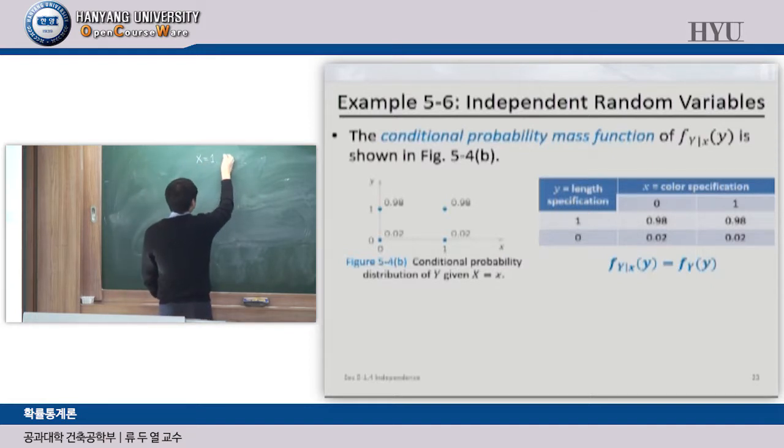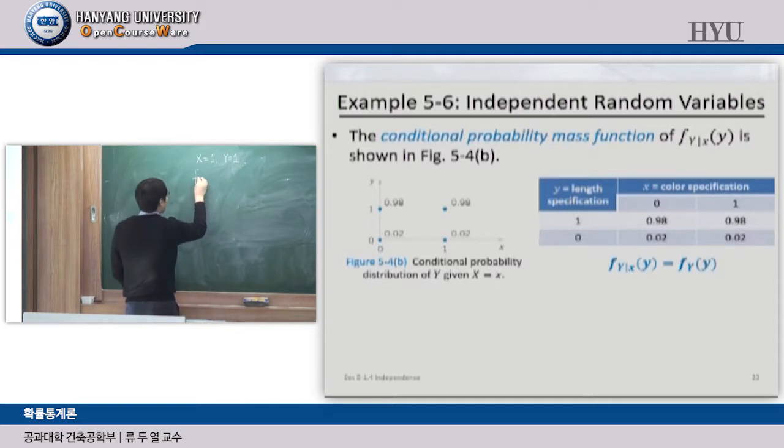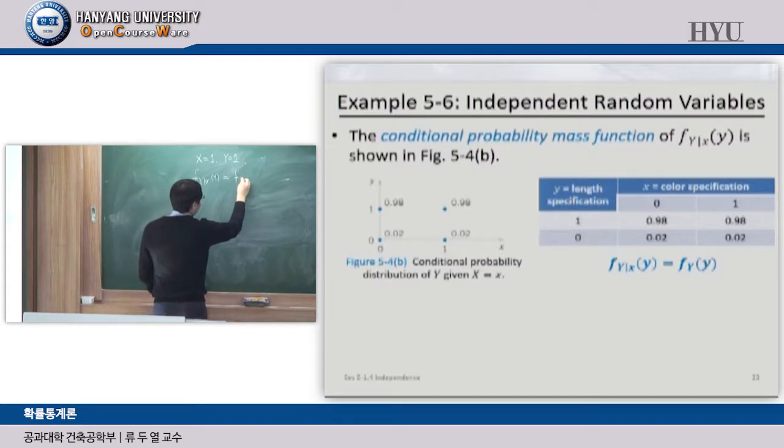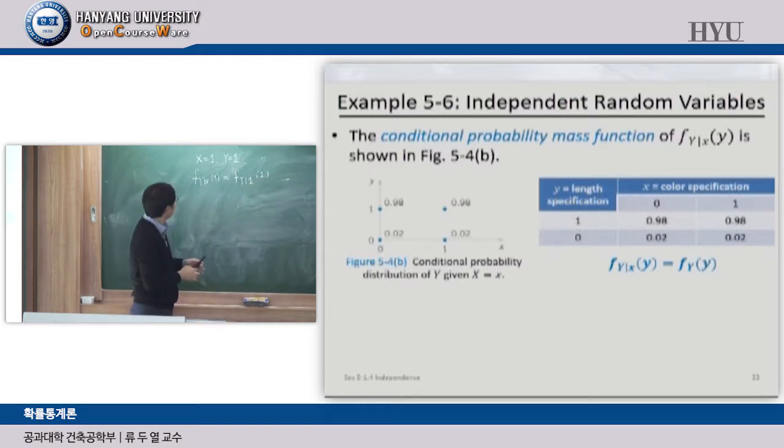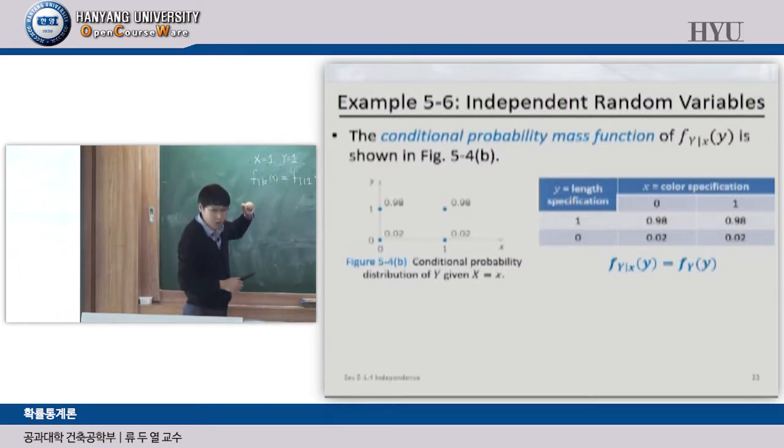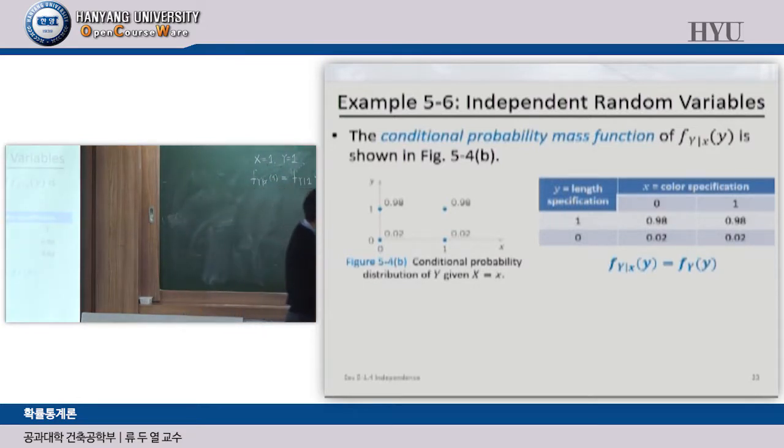If we say x is equal to 1 and y is equal to 1, the conditional probability of y given x is equal to the conditional probability of y given 1, and 1, because we assume that x is equal to 1 and y is equal to 1. So what is this value?